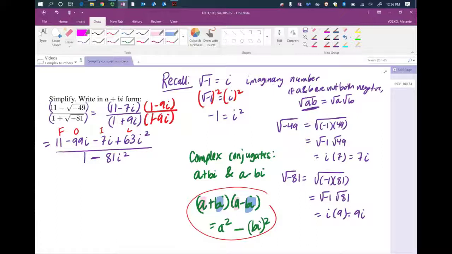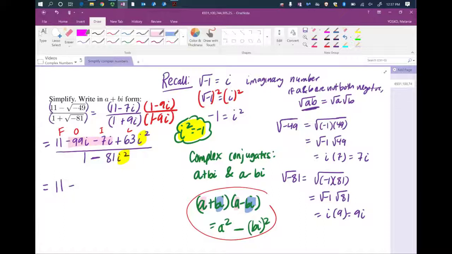And we also know that i squared is equal to negative 1. So every time we see an i squared, we're going to write negative 1 instead of it. So we have 11 minus, okay, well in the middle here we have negative 99i and negative 7i. So we're just going to combine those because they both have i terms, right?